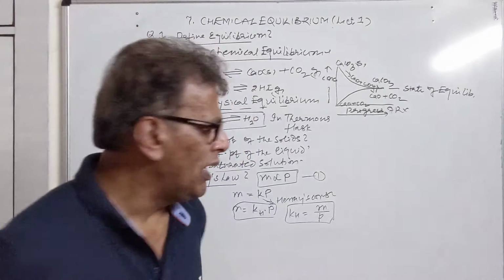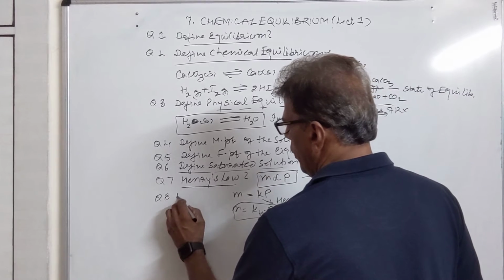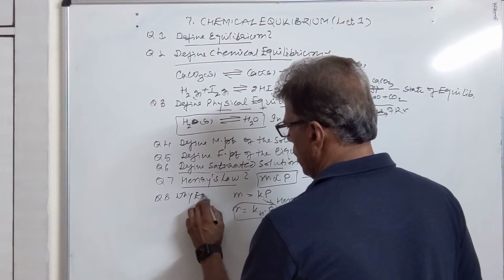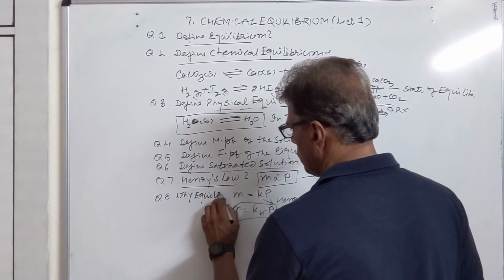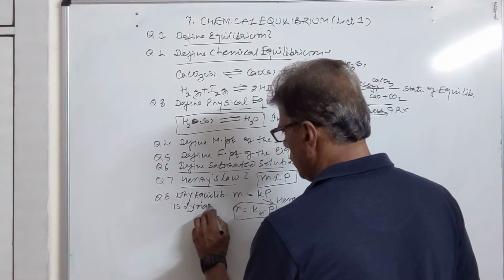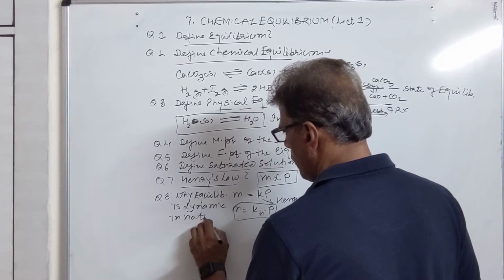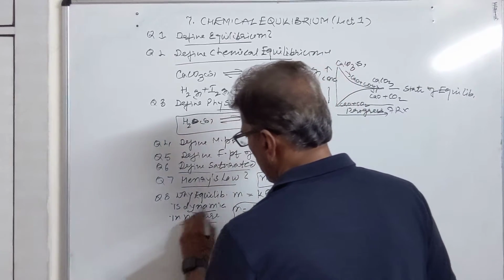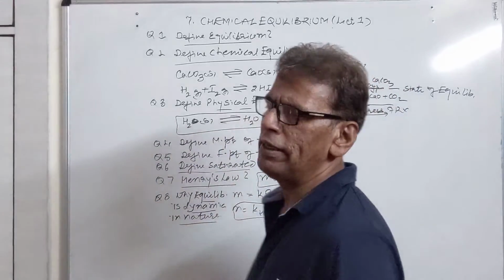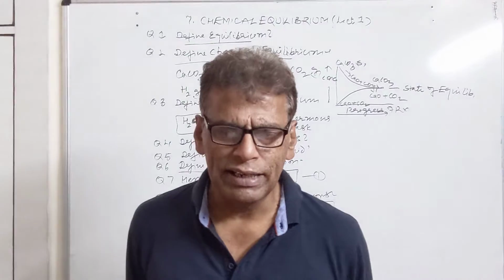Why is equilibrium dynamic in nature? Equilibrium is said to be dynamic because it always involves two opposite reactions.